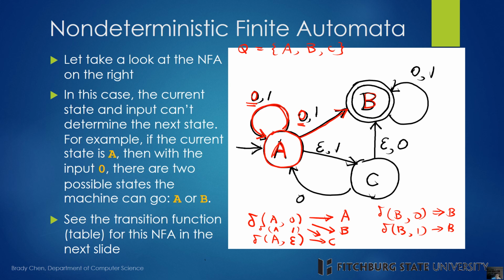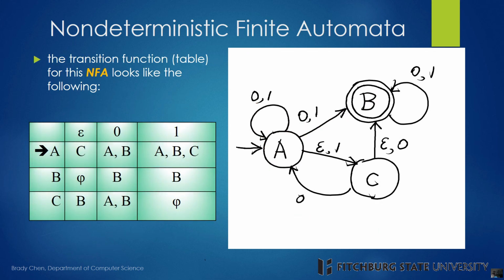So let's take a look at the transition function in this case. What is the transition function? Honestly, we still call it the transition function, but it's not really a function from a math perspective. Okay, let's look at the transition function for this non-deterministic finite automata. Again, we're going to draw the table.